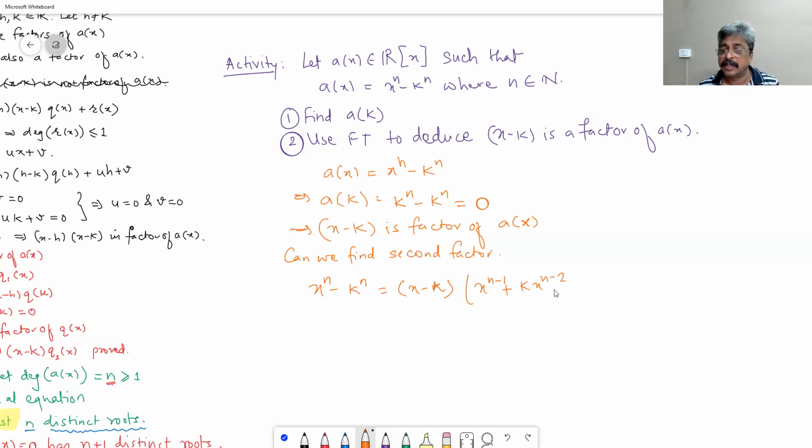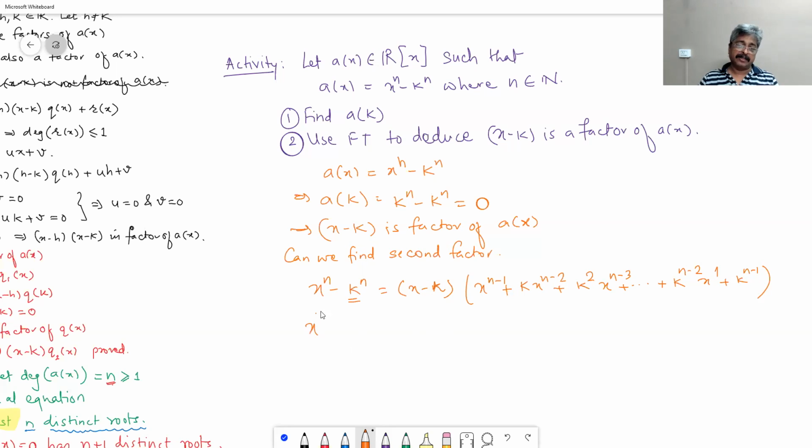We don't have anybody, therefore k square x raised to n minus 3 plus dot dot dot plus k raised to n minus 2 x raised to 1 plus k raised to n minus 1, bracket complete. K raised to n minus 1 times minus k is minus k raised to n. That is your second factor.